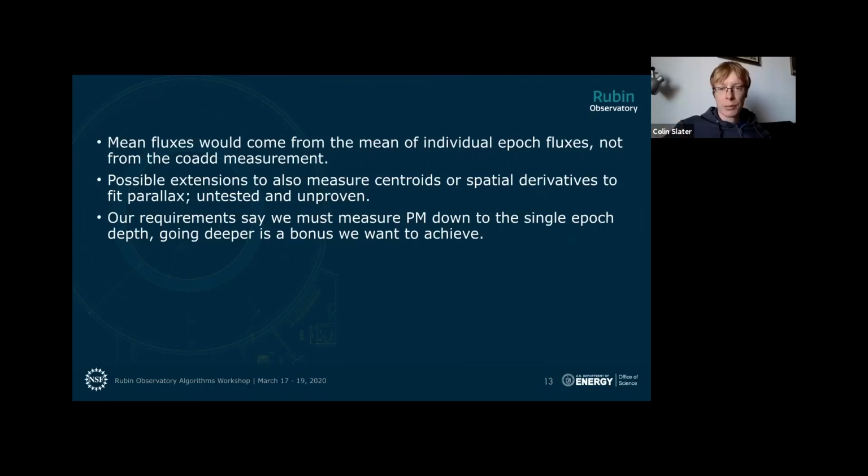I'm thinking about ways to measure kind of derivatives of the star's position on those individual epochs as a way to get the information to go back and fit parallax kind of after the fact. This is a complicated task, and so I don't think we have a solid solution here. It's just going to require testing for us to evaluate how best to extract the proper information.